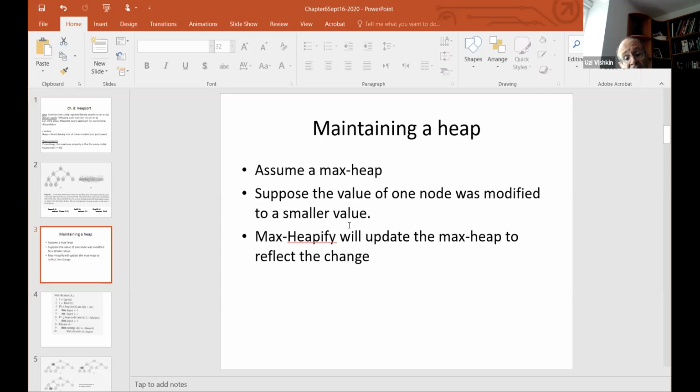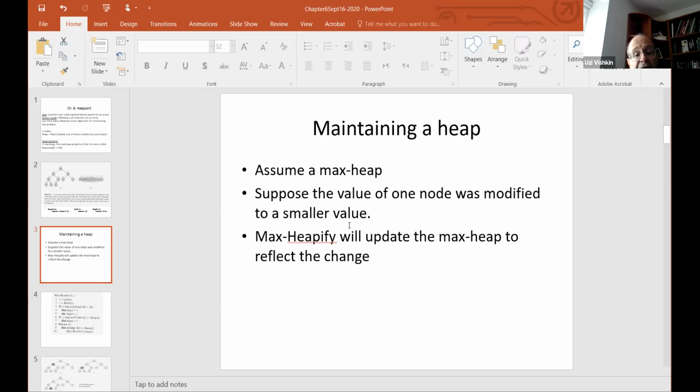But if the node had a child, one or more children, now, since we reduced the value of the node, we are not guaranteed anymore that the value of the node will be larger than or equal to both its children, if it has two children. So we need to do something about it, because we may need to change the value of a node, but we would like the whole heap to still maintain the max heap property.